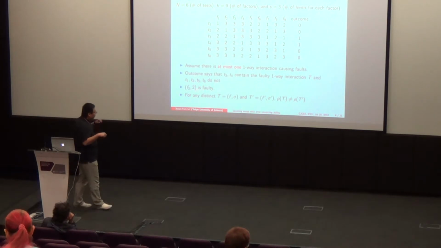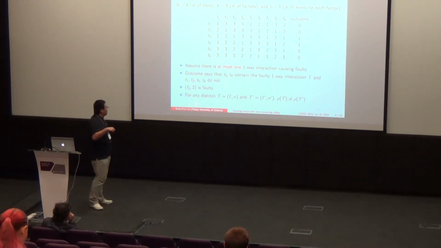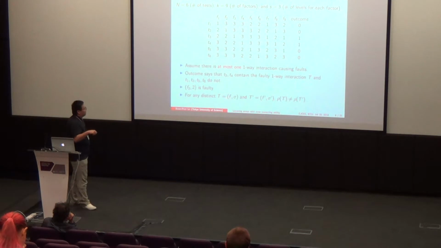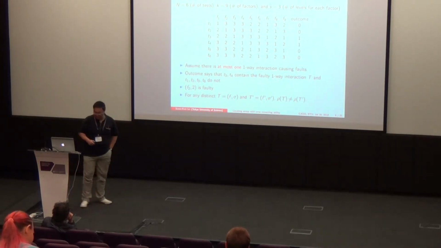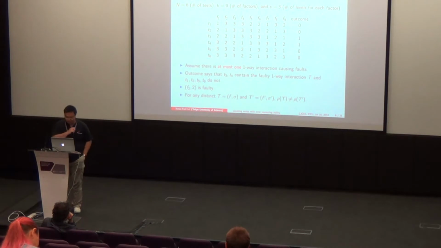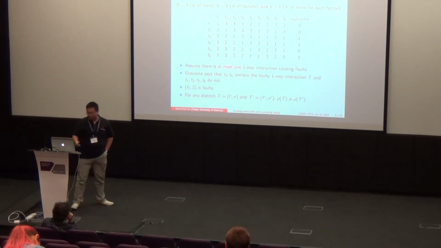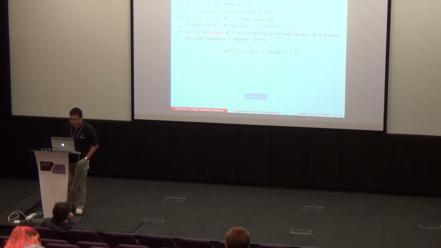And in general, we can say, if for distinct one-way interactions T, we consider the row of some T and some T prime, if they never coincide, then this test suite can identify a unique bad guy by using such kind of test.